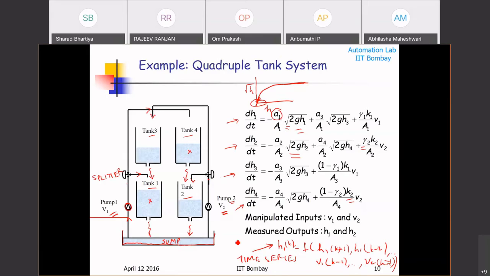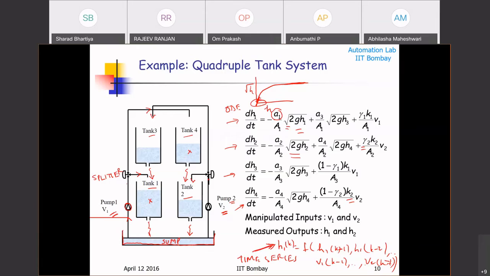Another utility of time series models is that here you need an ODE solver, or even if you're a difference equation, you need some algebraic solver in order to solve them. With time series models, you can evaluate the output of the system very quickly.